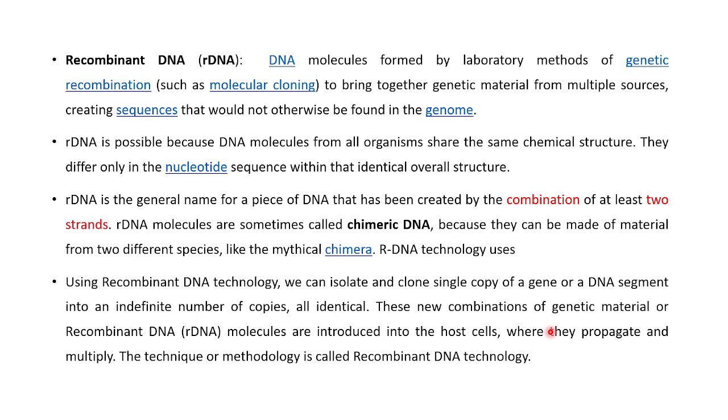So what is this recombinant DNA? So the DNA molecules which are formed by laboratory methods of genetic recombination, such as molecular cloning, to bring together the genetic materials from multiple sources, thereby creating sequences that would otherwise not be formed in the genome.